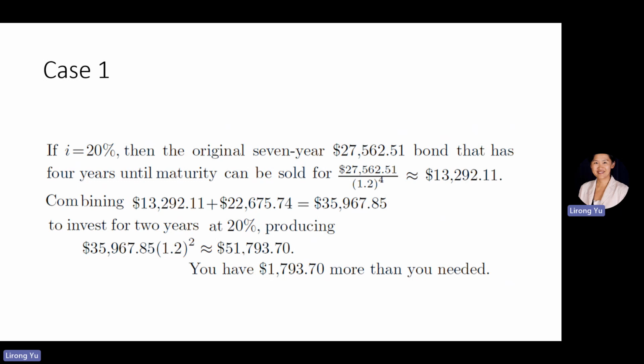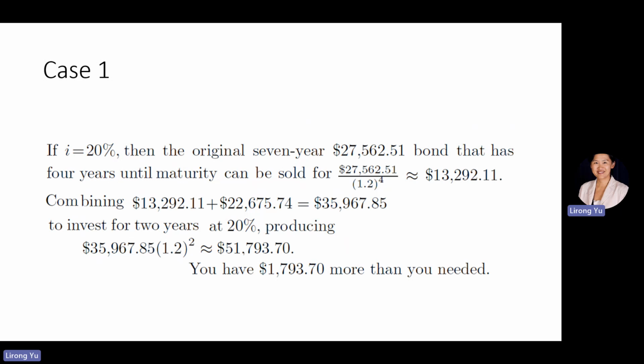In that case, the original 7-year bond, since it's got a zero coupon, we will be able to find its value at time three. It still has 4 years until maturity, so we're gonna have to discount the 27,562.51, discount it to its value at time three. We discount it for 4 years.